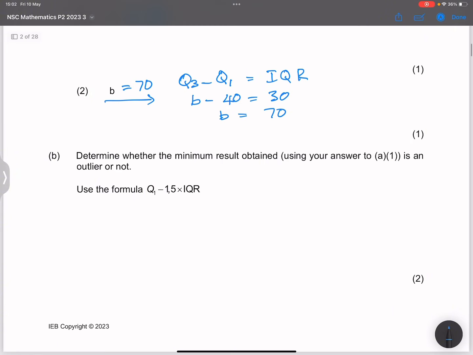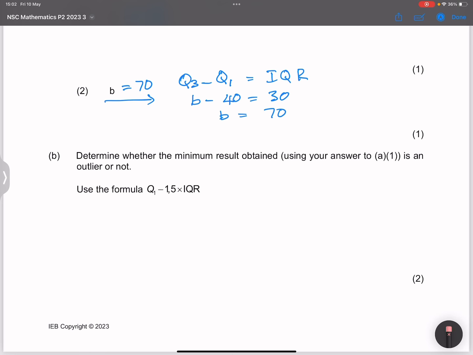Now in B, they say determine whether the minimum result obtained, using your answer in A1, is an outlier or not. Use the formula Q1 minus 1.5 times IQR.